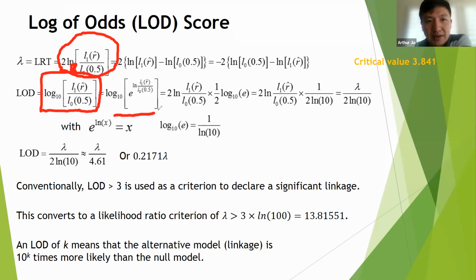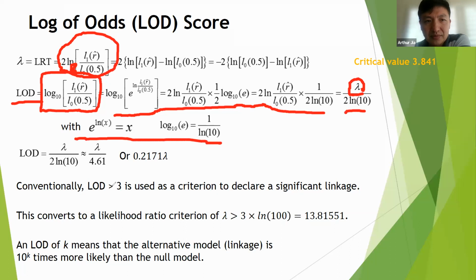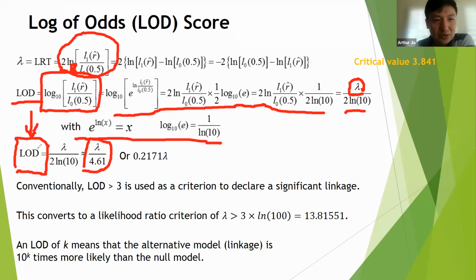This derivation is not required, but you need to know there's an association between this lod score and the likelihood ratio test lambda. The relationship is like this. And so the lod score is actually equal to this. It is very convenient for us to use this lod score for testing.